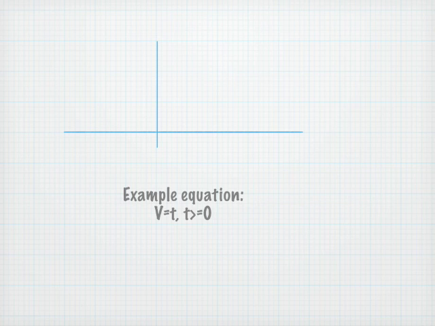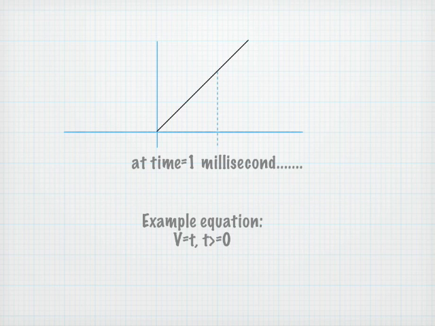Okay, so probably the simplest equation which involves both voltage and time would be just V equals t, voltage equals time, for some time greater than or equal to 0. Notice I've given these little conditions on the end of each equation, showing at what times the equations are valid. That's actually important. So what does this look like? It's just a straight line that ramps up at 45 degrees.